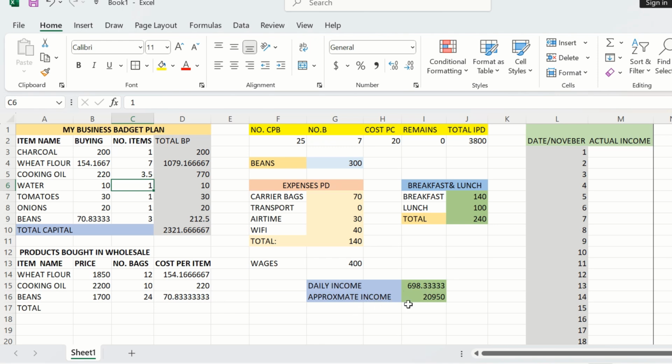So the approximate income is just a highlight. If you were to be earning 698.33 on a daily basis for 30 days, then you would expect to save at least 20,950, right? So the actual income is the income that you have earned for that particular day, isn't it?